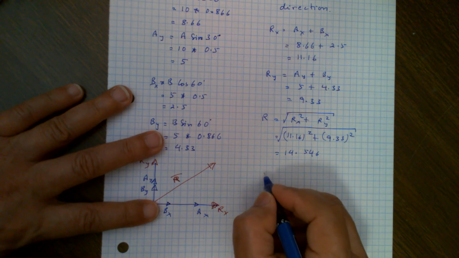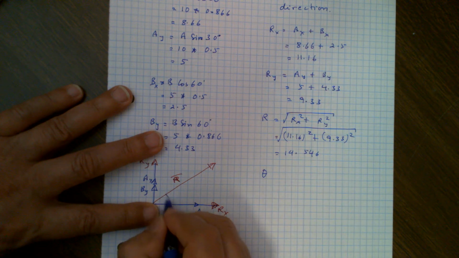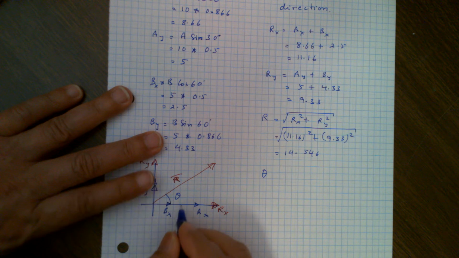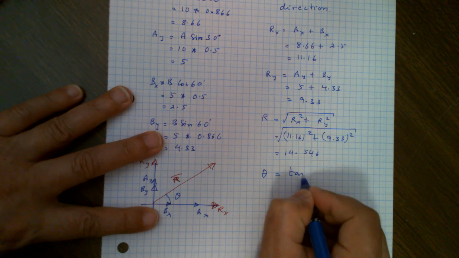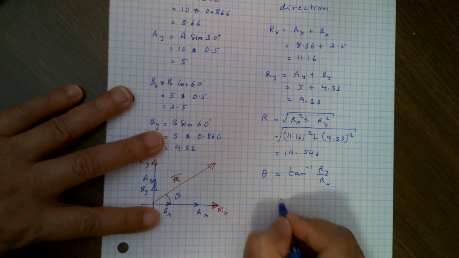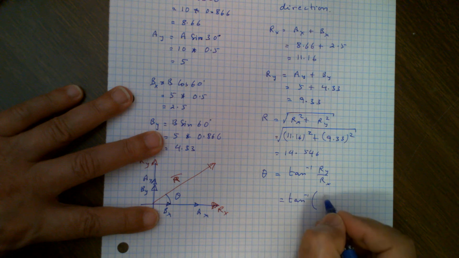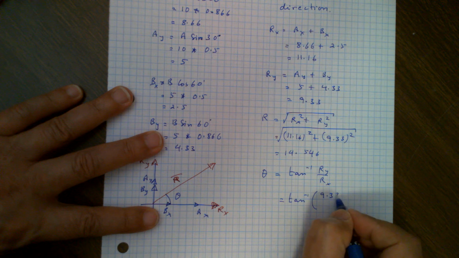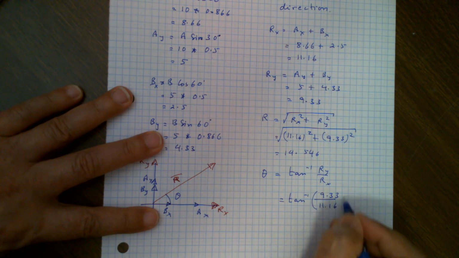That's even better. And the angle between the R vector and the x-axis, let's call it theta, will be tangent inverse of Ry by Rx, which is equal to tangent inverse of 9.33 divided by the x component, 11.16.